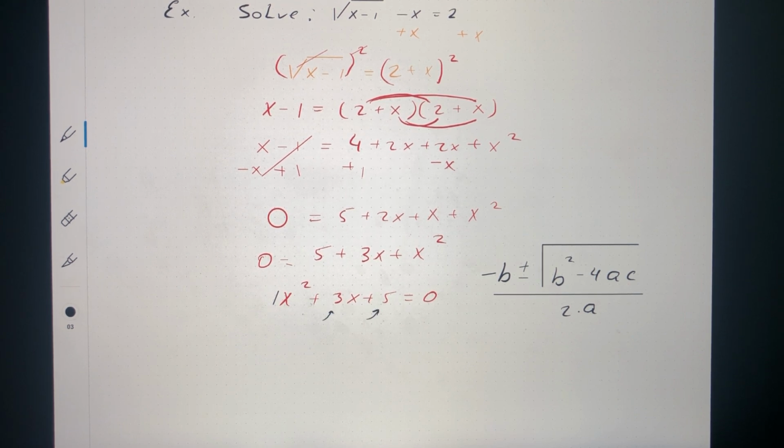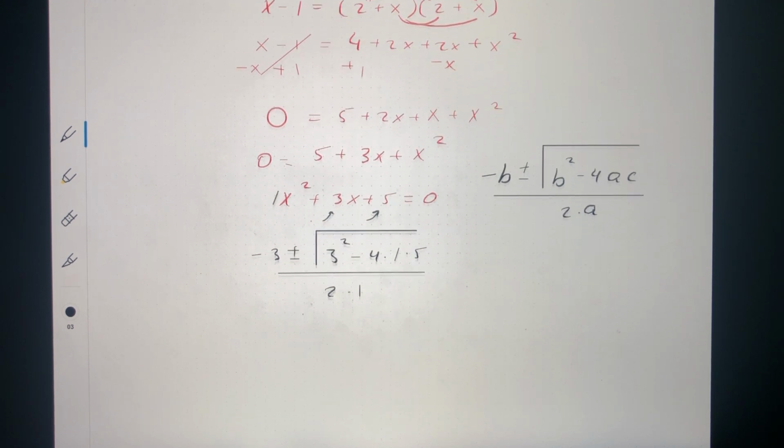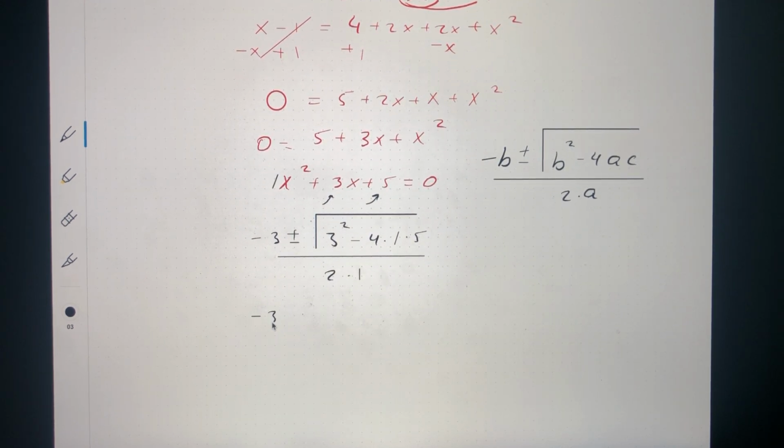Substituting all of that into our formula, we get negative 3 plus or minus the square root of 3 squared minus 4 times a times c, divided by 2 times 1. Now inside the square root we have 9 minus 20, and then divided by 2. Well, 9 minus 20 happens to be negative 11.